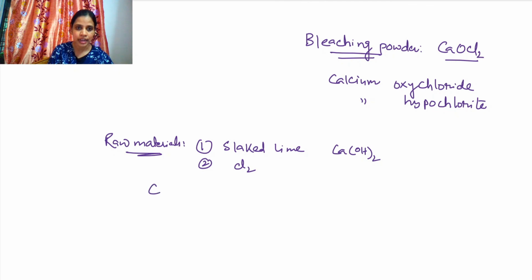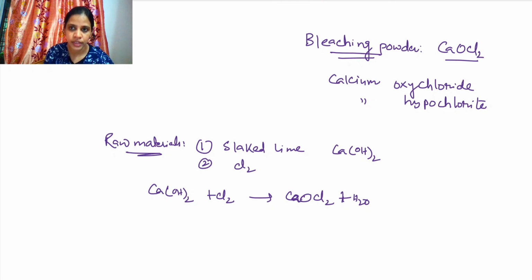So when this slaked lime reacts with chlorine, we will get calcium oxychloride, CaOCl2, which is bleaching powder, and water. So in this way we can prepare bleaching powder.